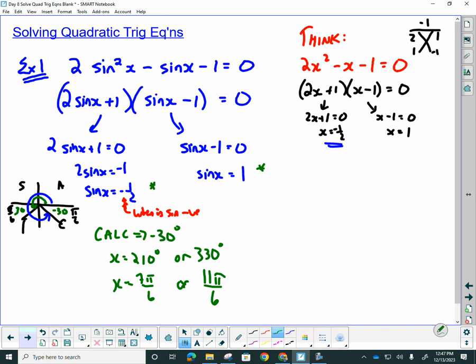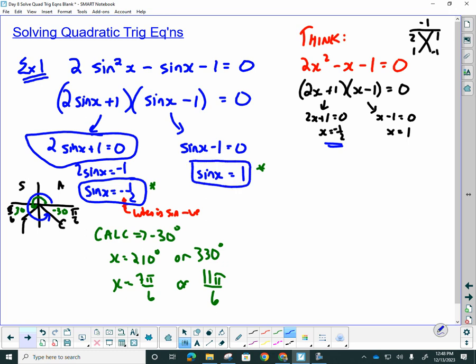Now, I've got 2 answers, but those are all the situations when I get this, or more specifically, when sine x equals negative 1/2. I can't forget that this is an option too. So the question is, when is sine equal to 1? Well, this is a special one because sine equal to 1 isn't in a triangle. You can just imagine the graph.